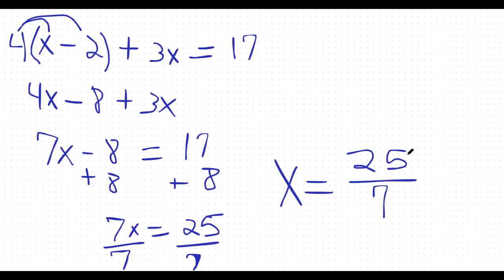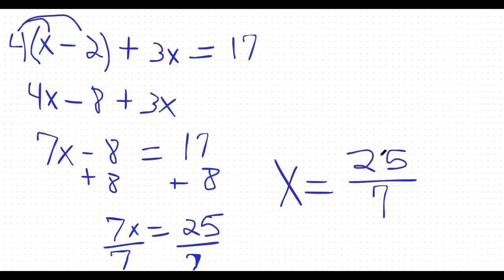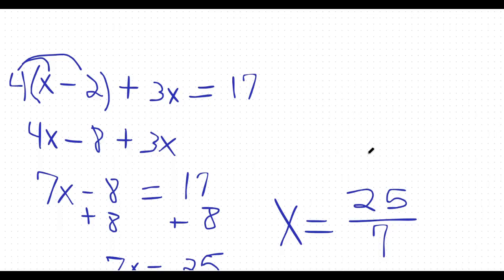Does 7 go into 25 evenly? It does not. 7 times 3 is 21. 7 times 4 is 28. So the best way to represent this number is x equals 25 over 7.